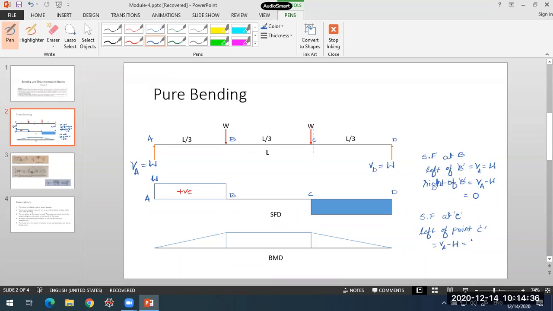This is nothing but W minus W, which comes out to be 0. That's what I told: between B and C it will remain 0.